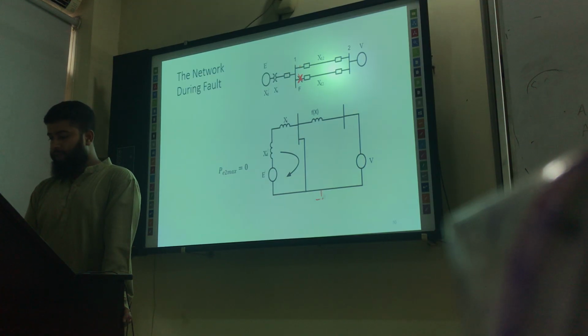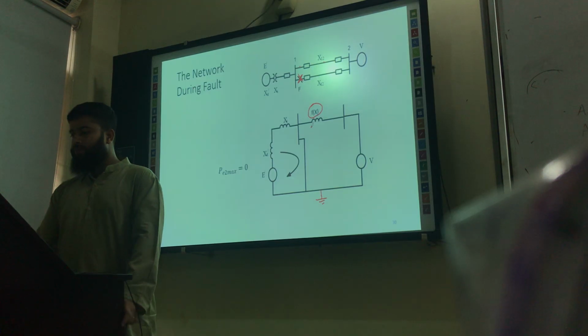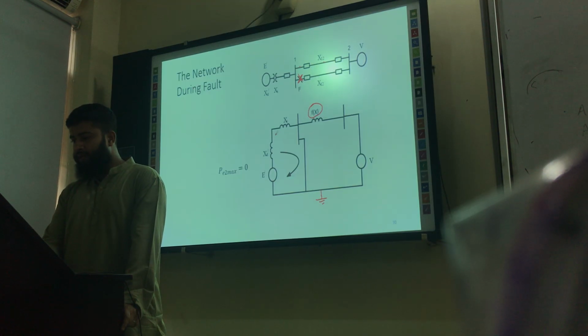So this is the ground, right? That means from this there will be a direct connection to the ground, right? And this line is intact. So there will be some reactance here. We are not bothering about this reactance. Why? Because let's say the current that is coming here in this node is I. Then there are two branches, right?